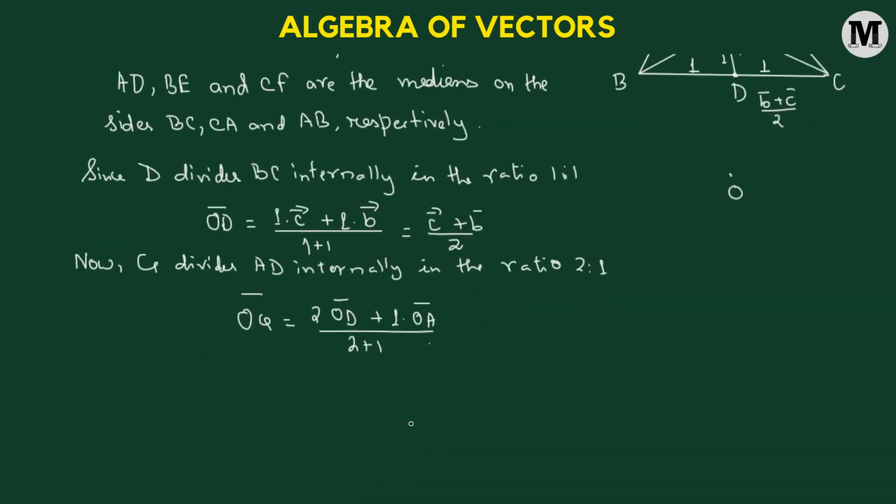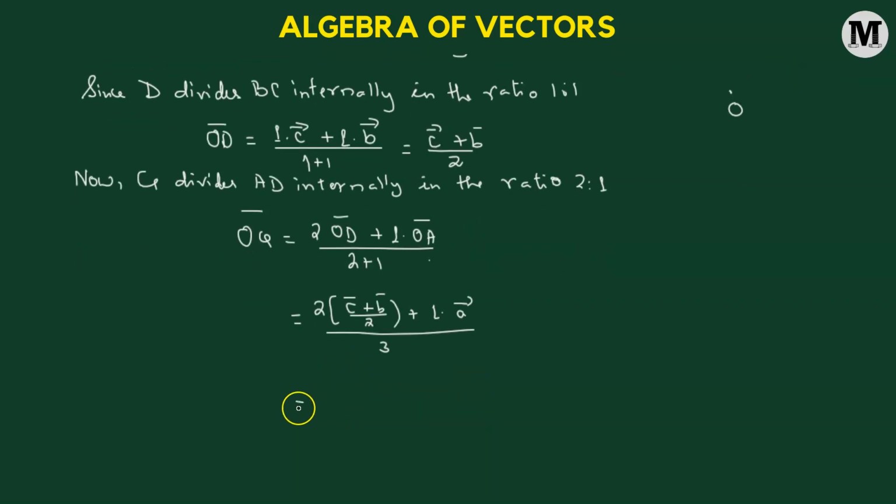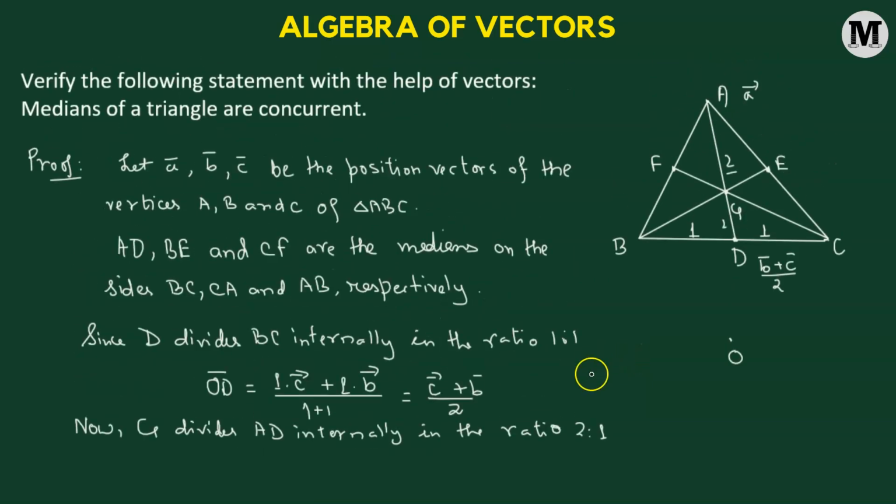Now that we have OD vector as well as OA vector, let's replace these values. So we have 2 times (B vector plus C vector) divided by 2, added to 1 times A vector, whole divided by 3. Simplifying this, we get (A vector plus B vector plus C vector) whole divided by 3. And this is going to be the position vector of the point G, or we can say the position vector of the centroid.